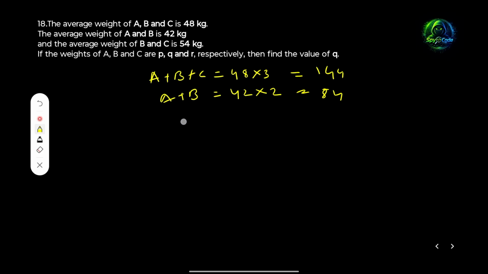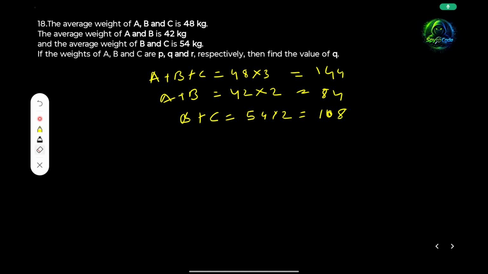And the average weight of B plus C: B plus C is 54 into 2, which is 108. Okay, this is 108. So if the weights of A, B, and C are P, Q, and R respectively, we need to find the value of Q. So first of all, we need to find the individual values here. Value of Q is equal to B.